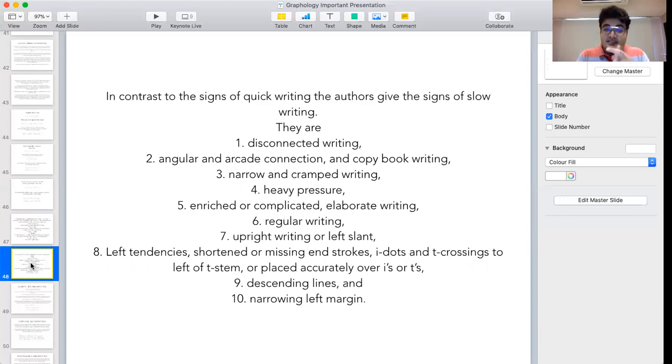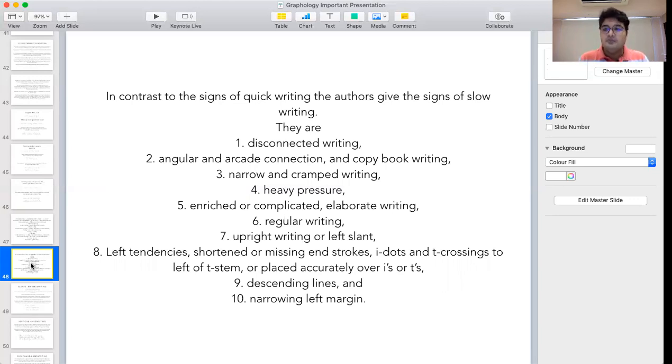They are disconnected writing, angular and arcade connection and copybook writing, narrow and cramped writing, heavy pressure, enriched or complicated, elaborate writing, regular writing, upright writing or the left slant going towards the left tendencies, shortened or missing end strokes, I dots and T crossings to the left of the T stem or placed accurately over I and T alphabet, descending lines and narrowing left margin.